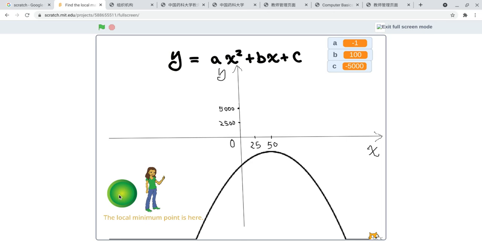It's kind of a test of whether you understand the calculus content of finding extreme points, and also whether you can make the sprites work as you planned. This mixture of knowledge is to challenge you, to make you make further progress.